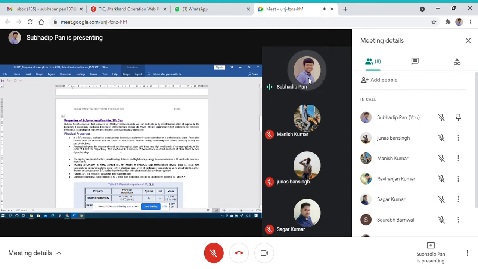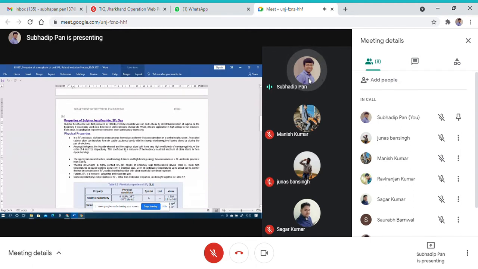You will already know in inorganic chemistry the various values for various gases. N2 has some value, oxygen has some value, SF6 has some value, carbon monoxide has some value. So fluorine and sulfur have 4 and 2.5 respectively, which is very high.